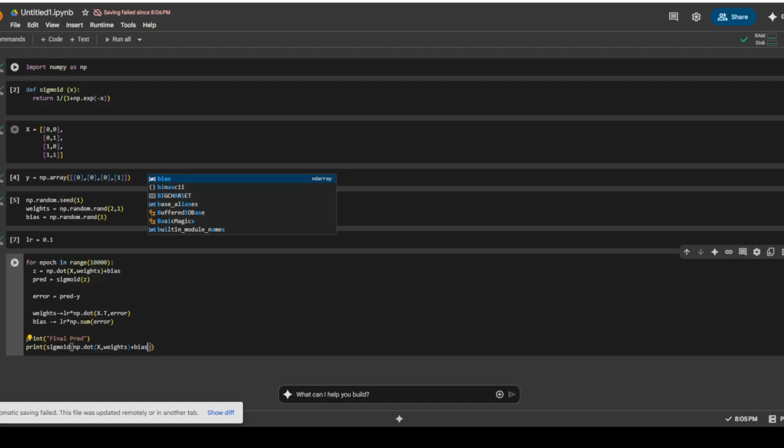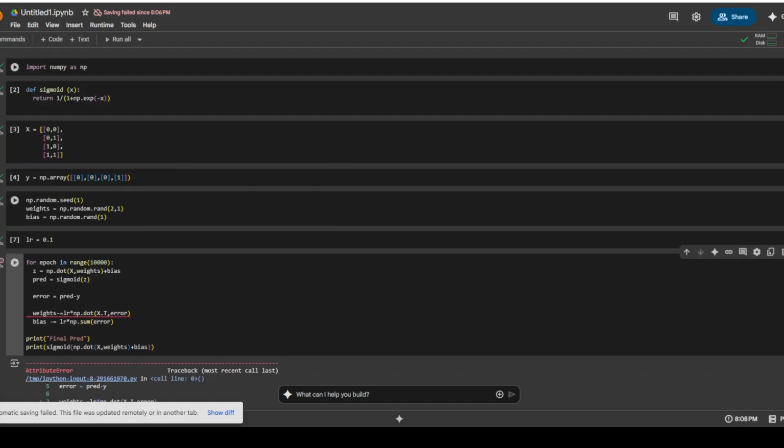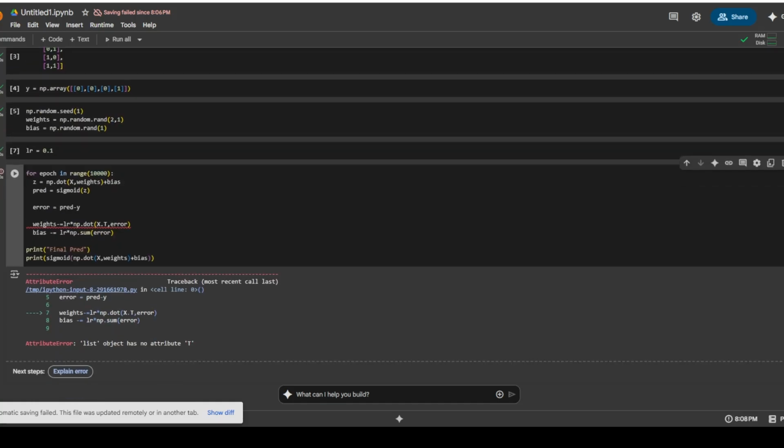Okay, let us run this. Okay, so it is giving an error. It should be our transpose for epoch.